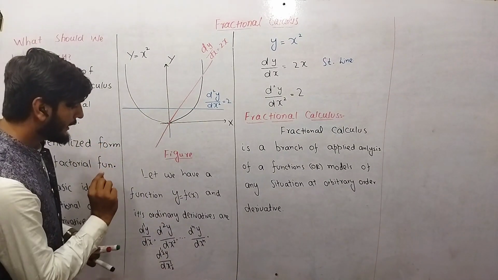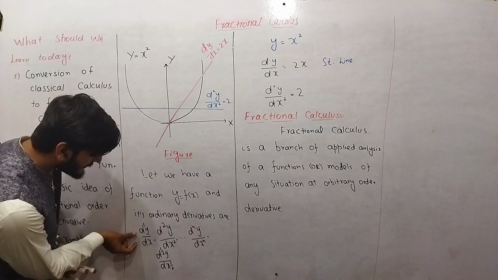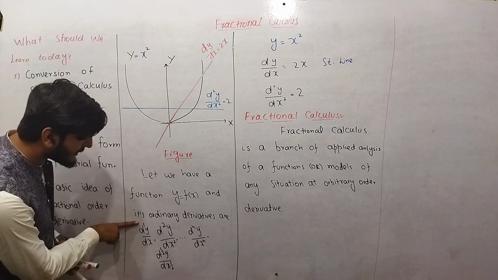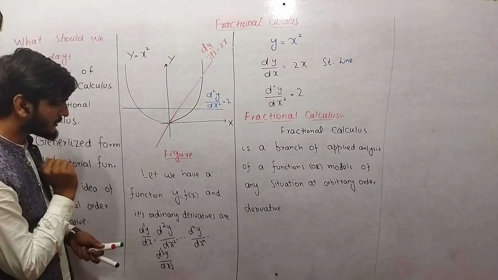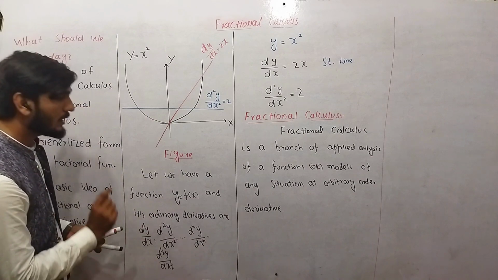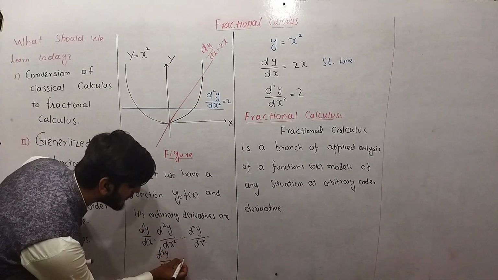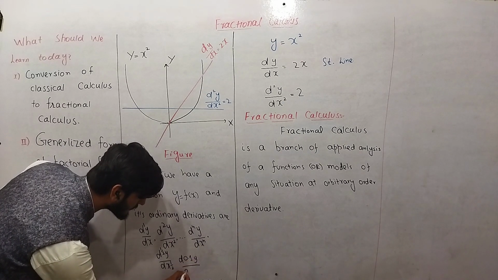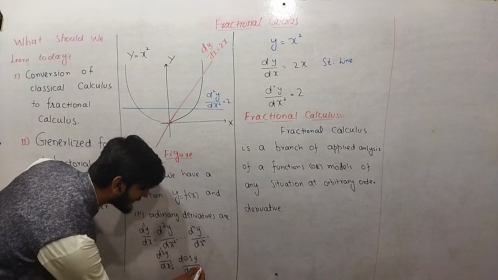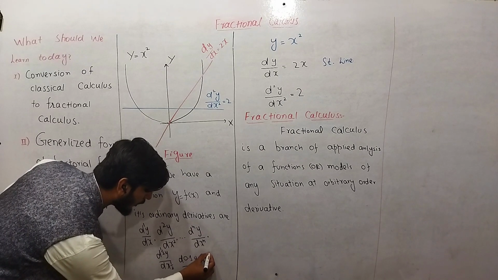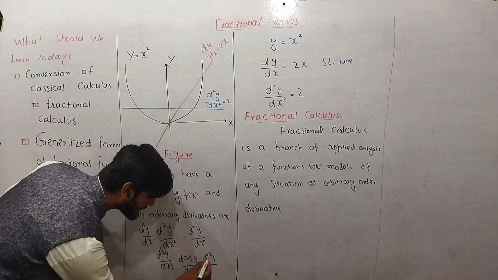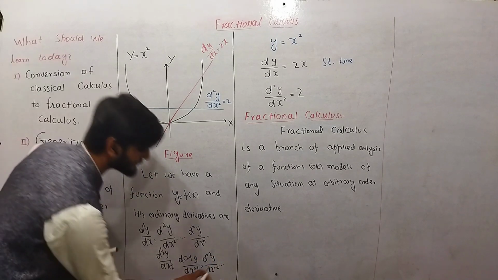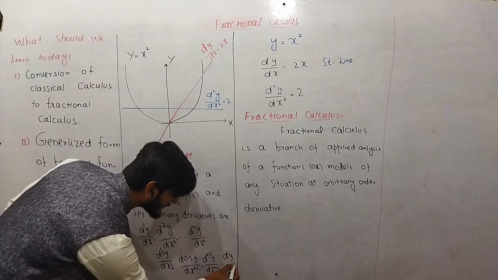It means, as in classical calculus the derivatives are mentioned as first derivative and second derivative, there must exist some kind of derivative like the 0.1 order derivative, the same as the 0.2 derivative, and so on till the first derivative.